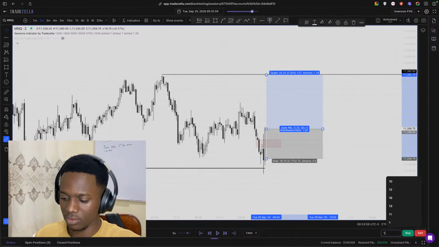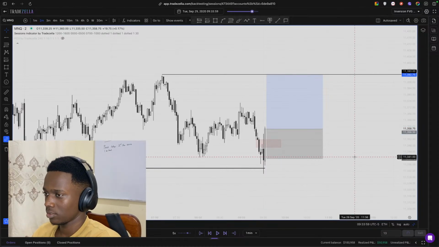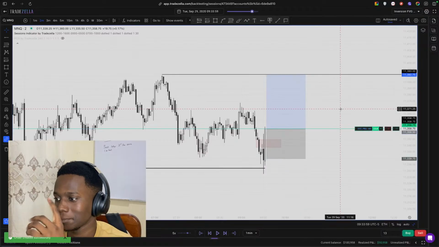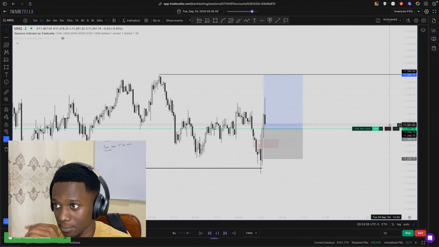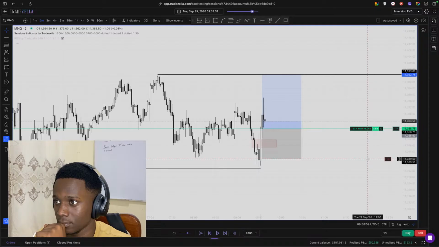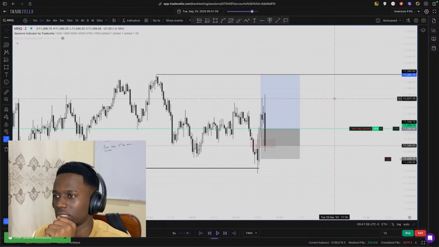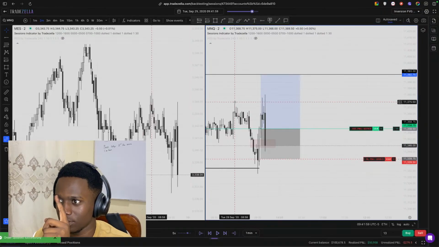Take 13 micros long here. Ooh, that's heavy. So this shows how I should have closed here.